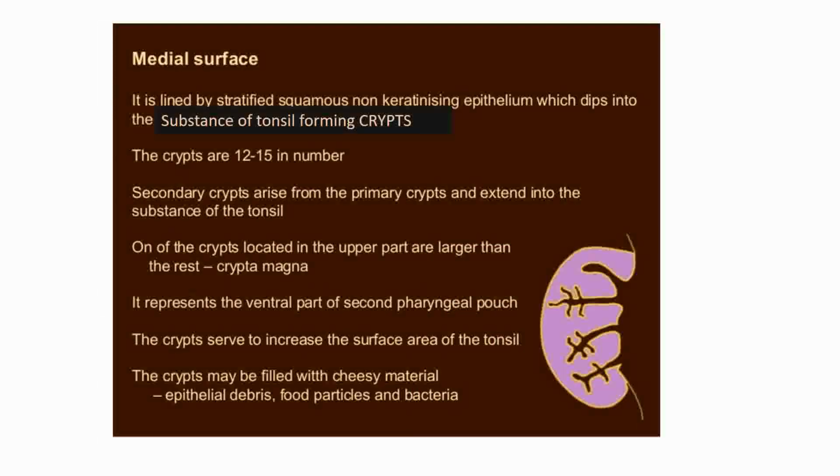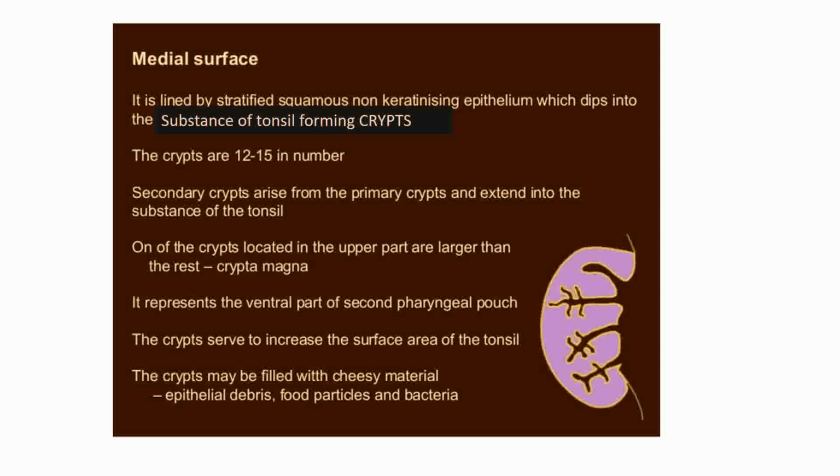Coming to the medial surface of the tonsil, it is lined by stratified squamous non-keratinizing epithelium. The medial surface faces the oral cavity, so the lining epithelium of the oral cavity also lines the tonsil. This epithelium dips into the substance of the tonsil, forming the tonsillar crypts, which are a very important histological feature.